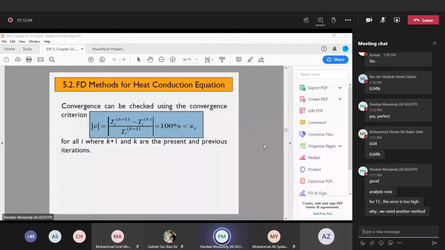So now we want to do two things. One is the Crank-Nicholson method to develop the system, and then we solve the system using the same Gauss-Seidel method. We don't study a new method; we will still use Gauss-Seidel.